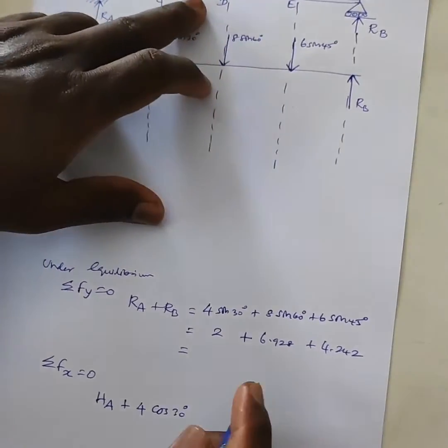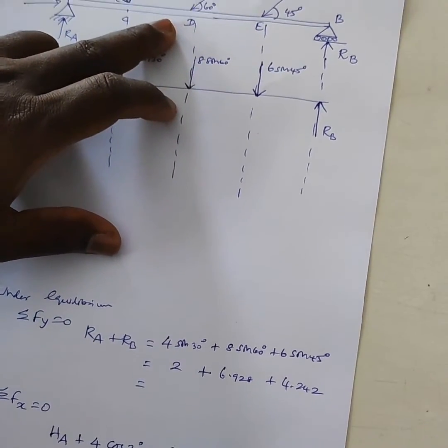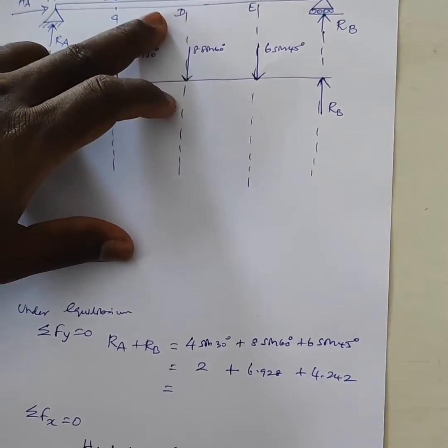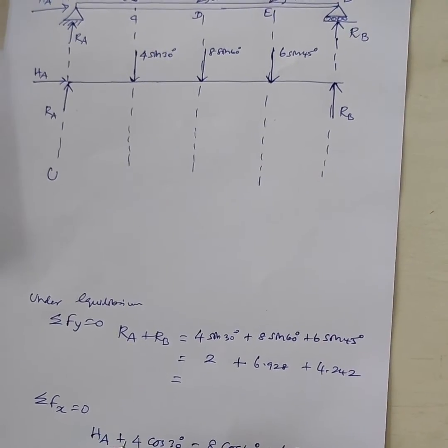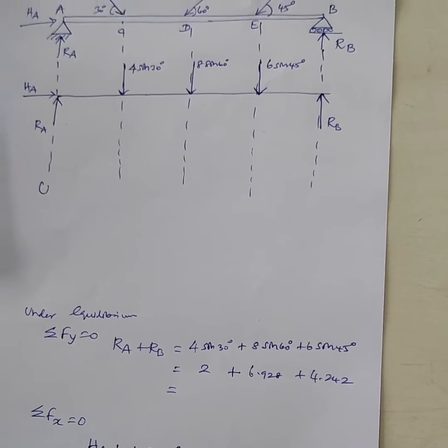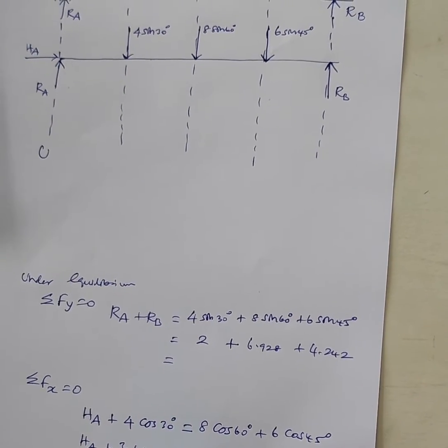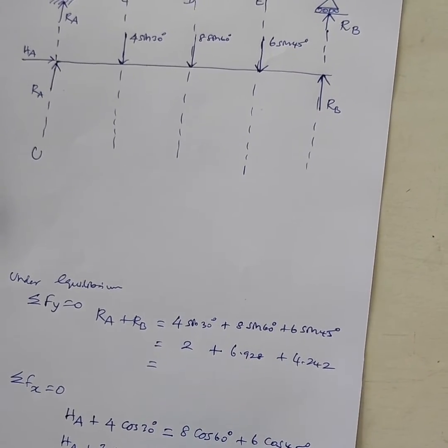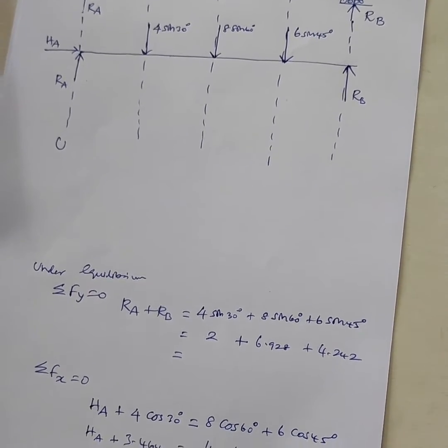The remaining left side forces are 8 cos 60 plus 6 cos 45. So the external forces along the x direction sum to 0. Now the 4 cos 30 value is 3.464 kilonewton, so HA plus 3.464 kilonewton is equal to 8 cos 60, which is 4 kilonewton, plus 6 cos 45, which is 4.242 kilonewton.